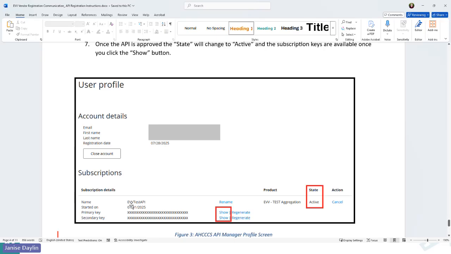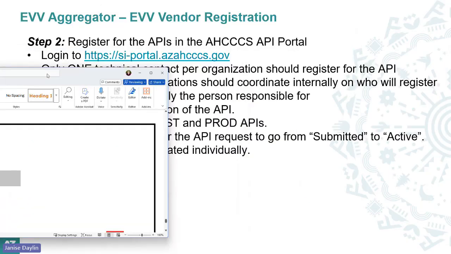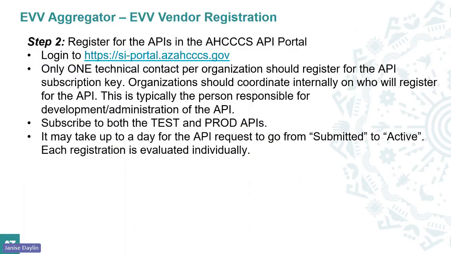So feel free to get that information, the URLs in there as well. But this will allow you to get registered. Once you have the key, you are good to go and can do your configuration and do some connectivity testing once that's done. So let me go back. That is registration. I know that's a lot. So again, if you have questions here at the end, let us know. But it is that multi-step process.